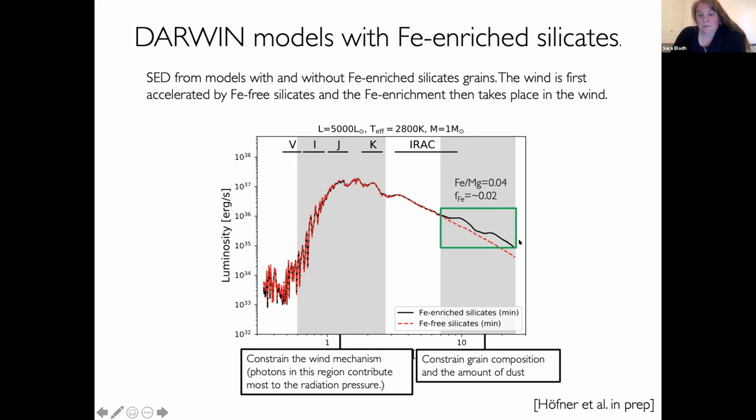But now we hope to expand our comparison to observations by looking into the mid-infrared, and hope that if we combine these two, we can constrain the wind mechanism, but also the grain composition and the amount of dust.